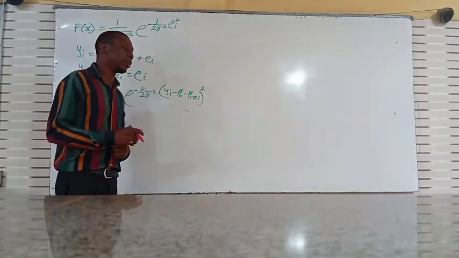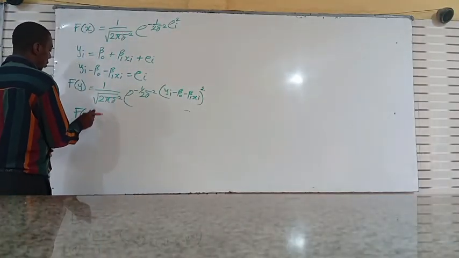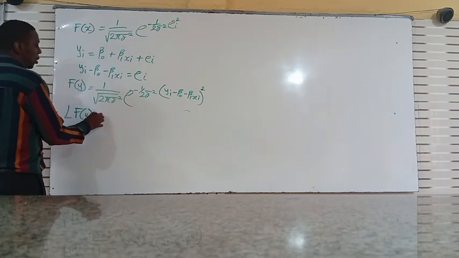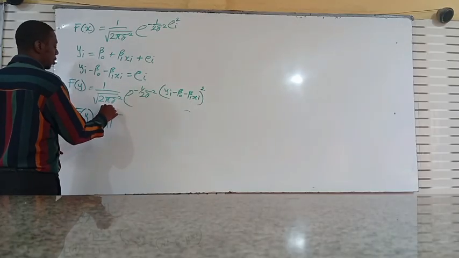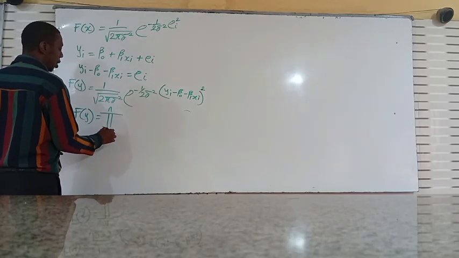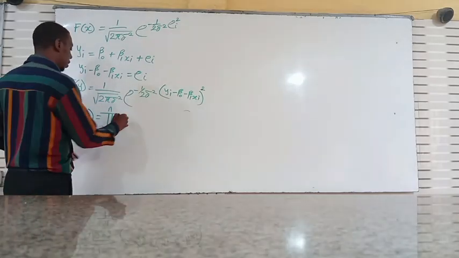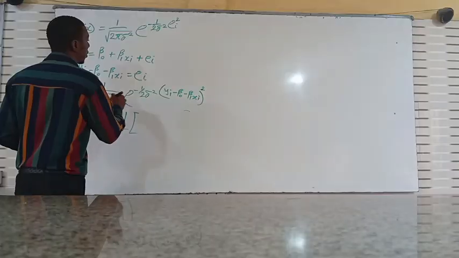Now, the next is to take the maximum likelihood of the function. That's what we are taking down. So the likelihood of this function will now be the product, i runs from 1 to n, the product of the likelihood of the parameters here. Who are the parameters?